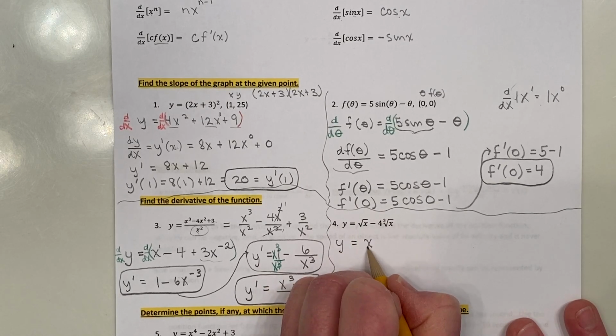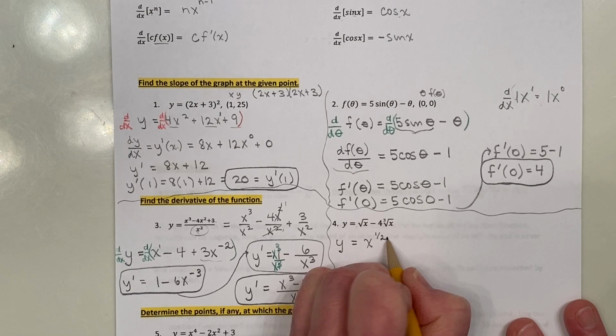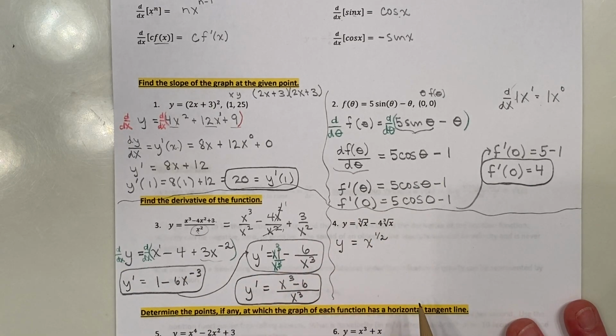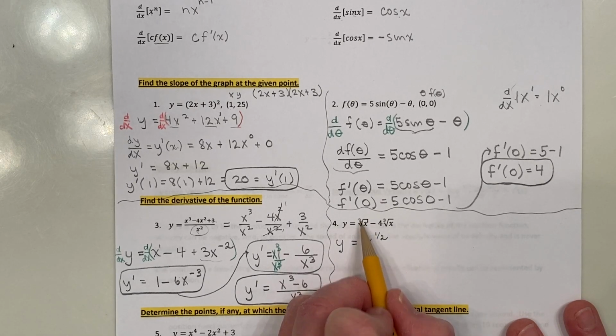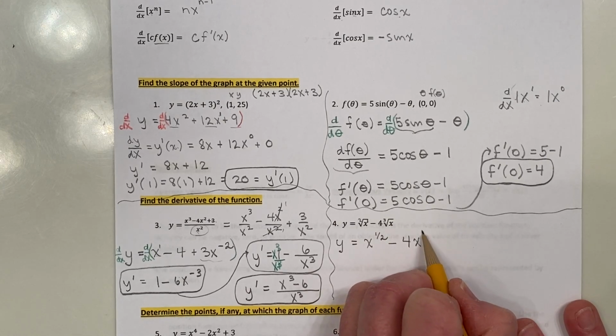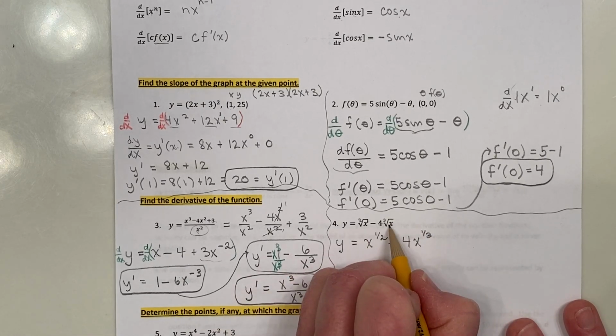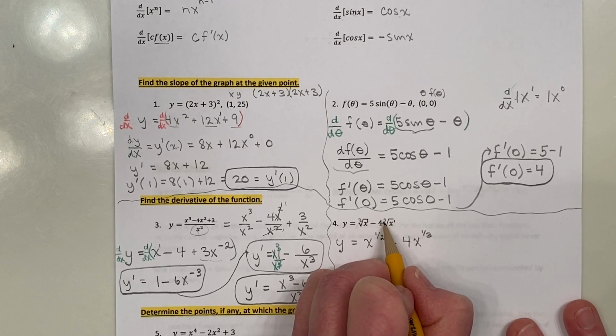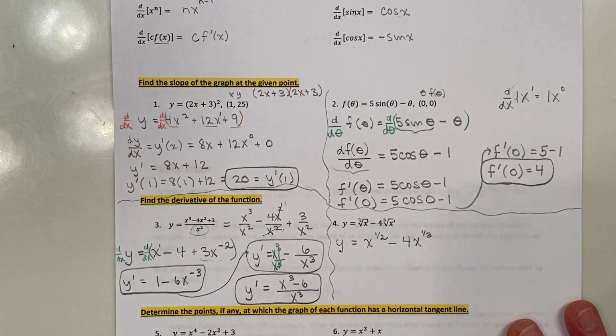Square root of x is equivalent to x to the 1/2 power. The exponent is 1 on x, and this understood index or root is 2, so we create a fraction of 1/2. Minus, I've got a 4 times, and this would become x to the 1/3 power. Because again, x's understood exponent is 1, the root is 3, we create a fraction with the exponent and the root of 1/3.